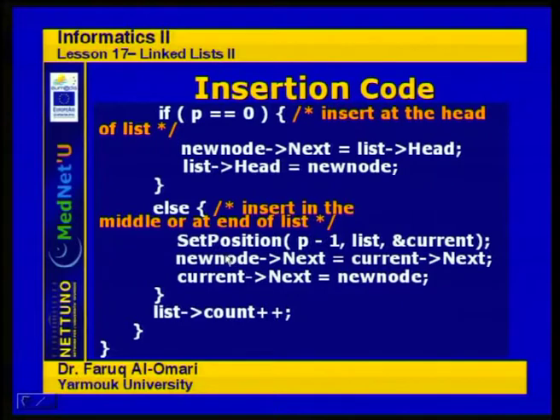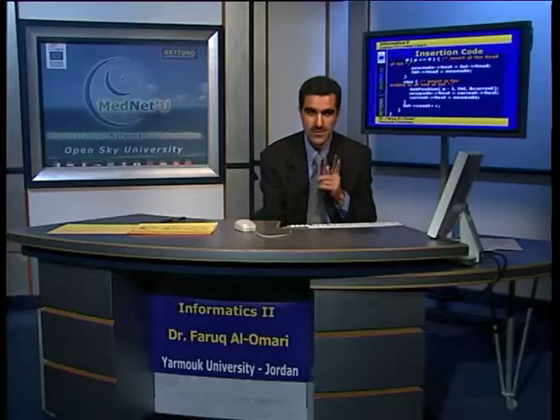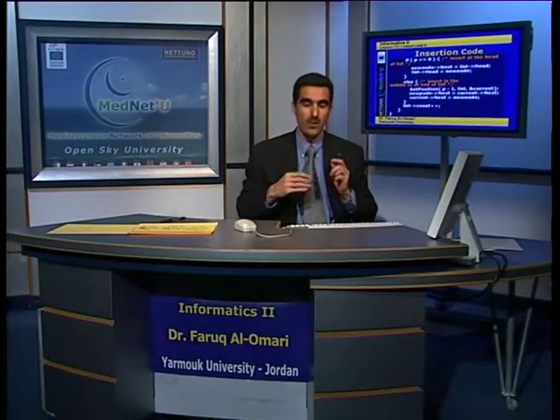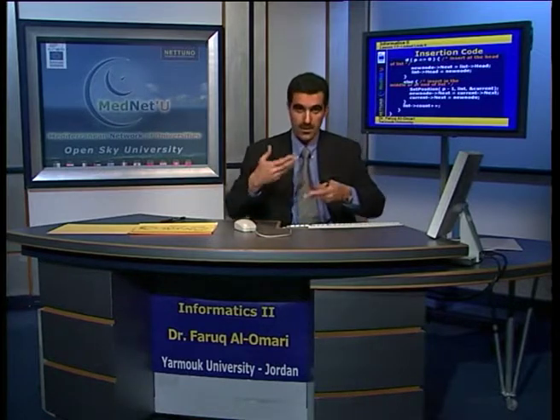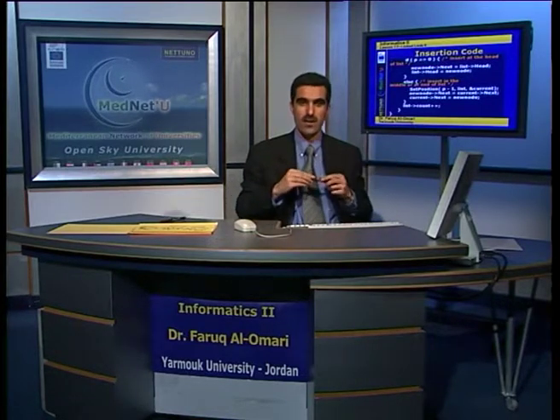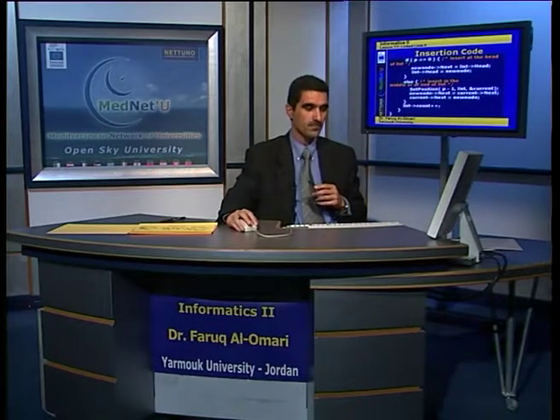Again, it's very important. The sequence here between these two is crucial. If I perform this before I do this, then the rest of the list is gone. And this is very important. I would like you to exercise on these things actually on paper, graphically, before you go and write this on the computer as a program.